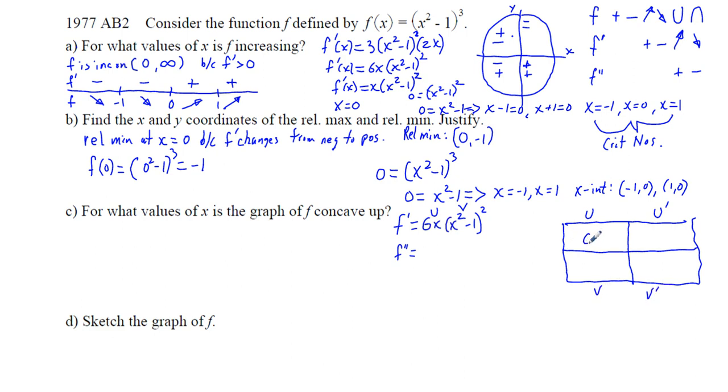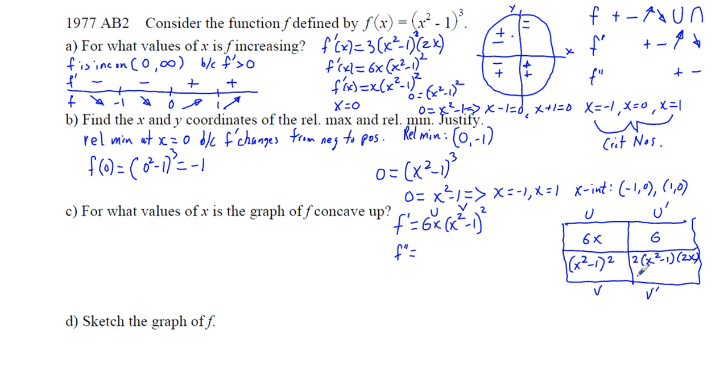So u is going to be 6x, and u prime is 6. v is going to be this quantity x squared minus 1 squared, and the v prime is going to be, we multiply 2 out front, 2 out front times quantity x squared minus 1. And 2 minus 1 is just going to be 1, times 2x.